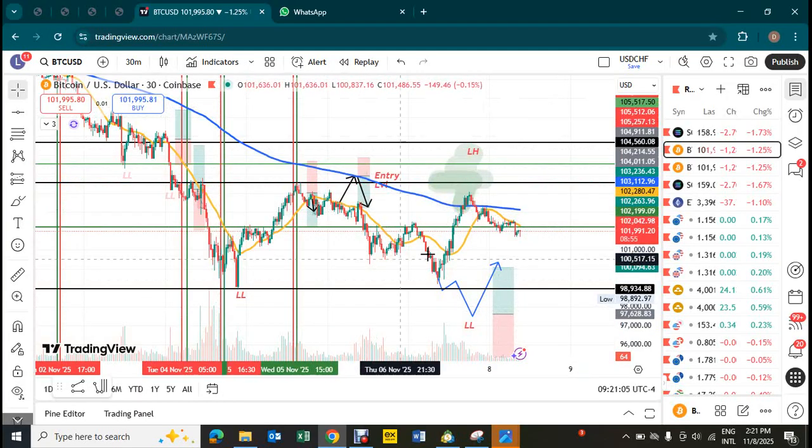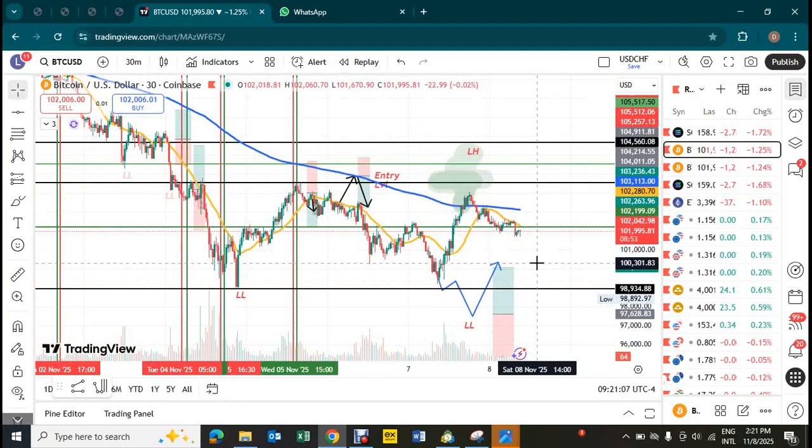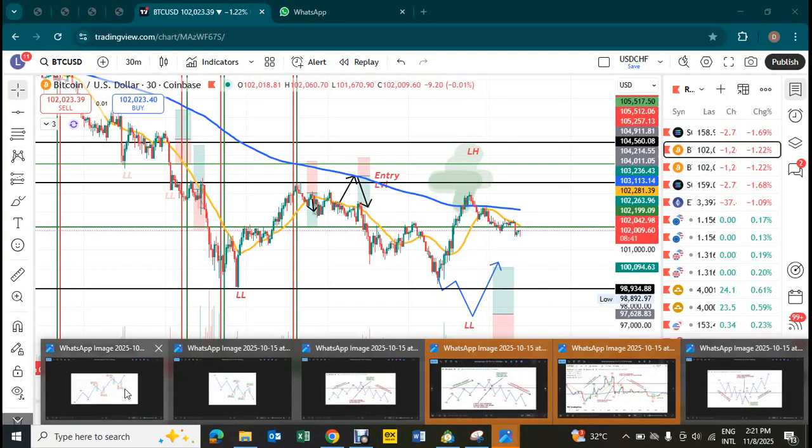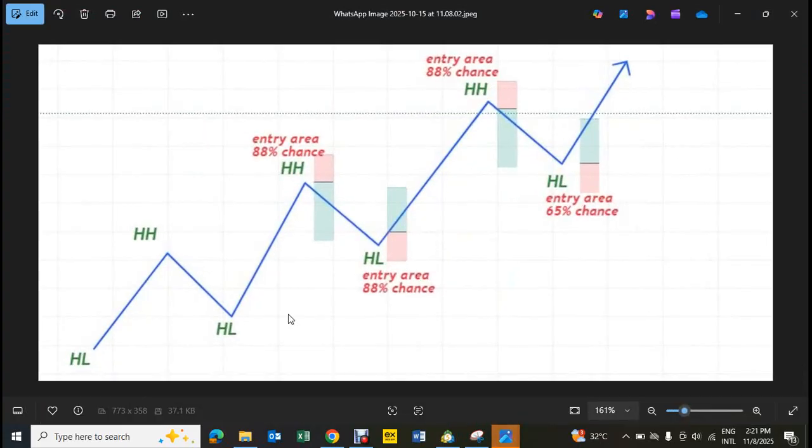Now I'm going to explain. The first thing I need to explain is how to know an upward trend, an uptrend market, when you have higher low, higher high. Let me open this real quick. Now look at this. I have a higher low here, and we have a higher high here. With the Fibonacci retracement tool, it's going to help you locate this HL.